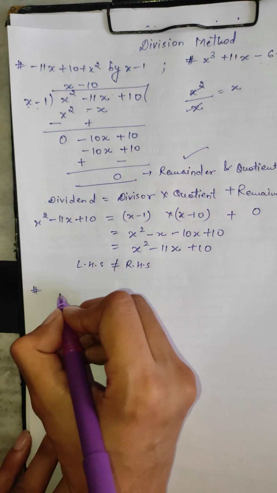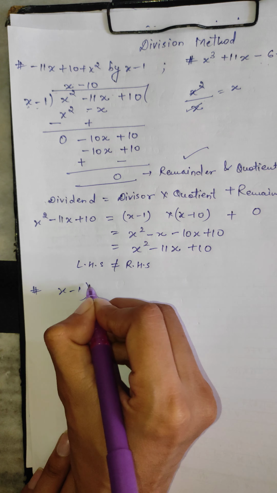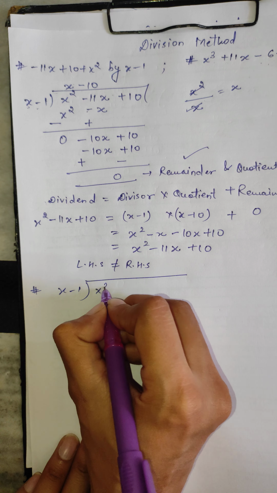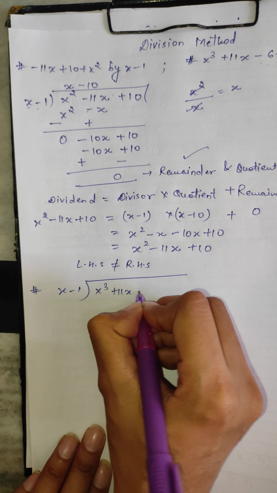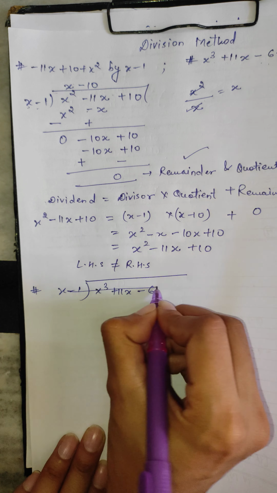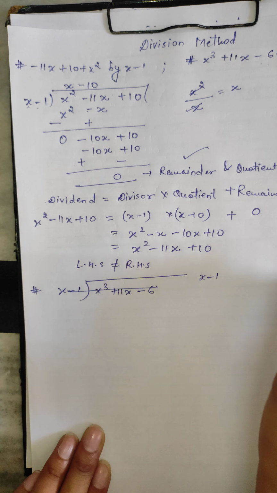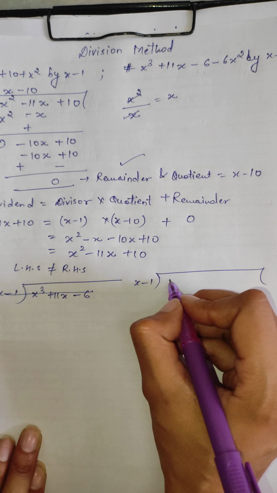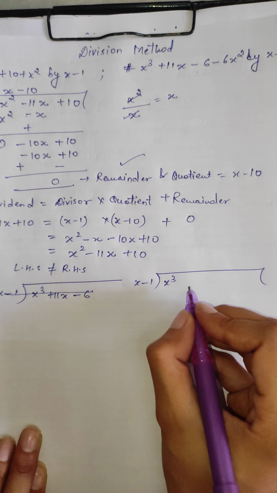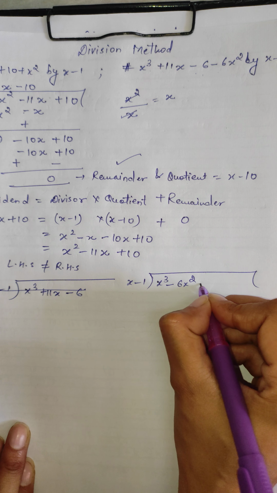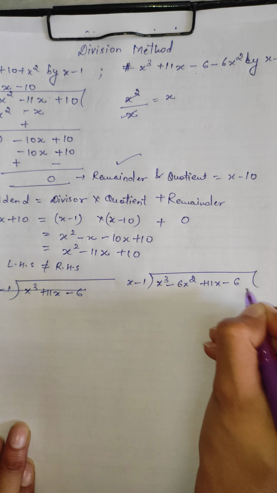That means we need to divide x cube minus 6x square plus 11x minus 6 by x minus 1.